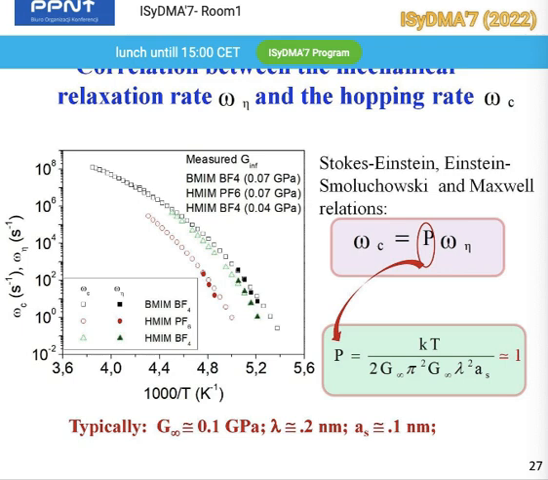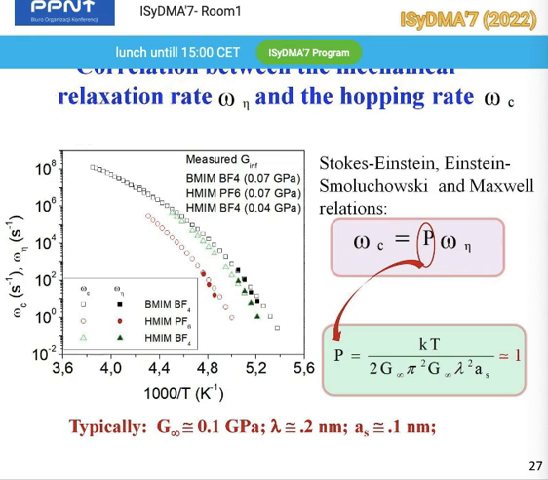Here is now a graph where we have combined omega C, the hopping rate as measured by dielectric spectroscopy, and omega eta, the mechanical relaxation rate as measured by viscosity. The dielectric measurements are, of course, broadband in a huge spectral range, in contrast to the viscosity measurements, which are restricted only to a small spectral range because of experimental reasons.